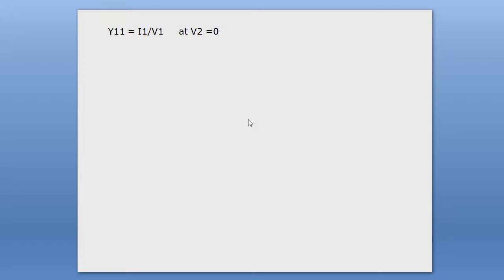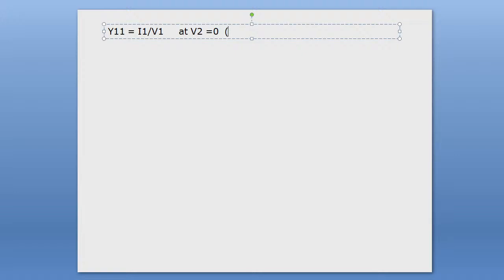V2 voltage drop 0 means what? Voltage drop 0 means the port is short circuited. Voltage infinite means the port is open circuited. So y11 equals the current I1 divided by the input port voltage V1 at V2 equal to 0. Output is short circuited.